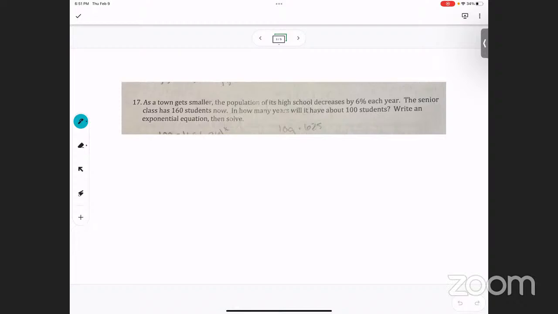Okay, page number 17: as a town gets smaller, the population decreases by 6%. So that means your formula is going to have that 1 minus 0.06 in it, right? The formula you're looking for is you take your 160 and multiply it by that to the t, where t is the number of years, and you want it to end up being 100 students.